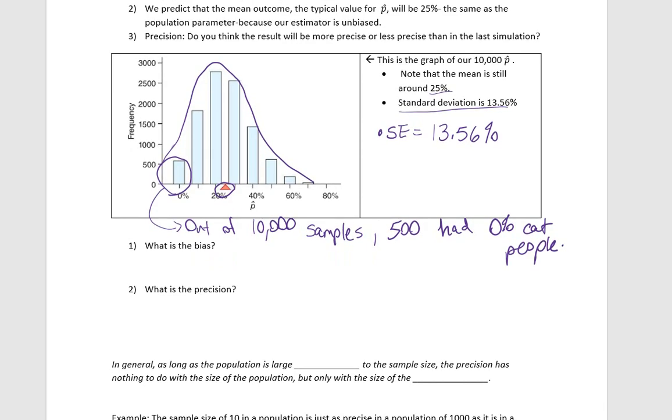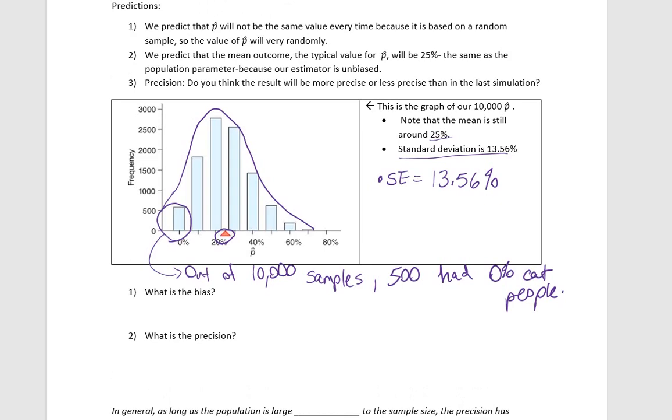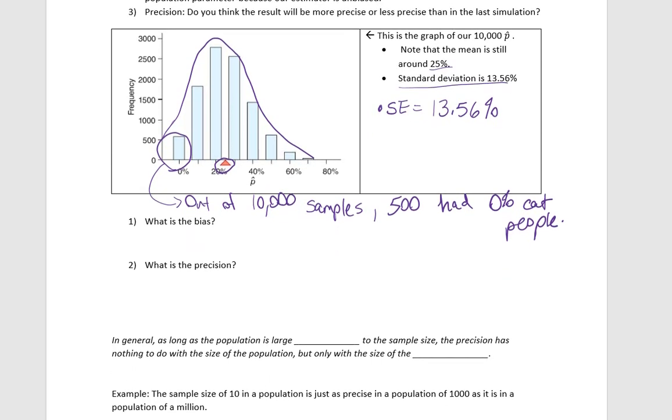So if we want to ask questions like, what is the bias? Well, since we didn't go to just a cat cafe or a dog park to get these samples, we did it randomly, so we're going to have no bias.